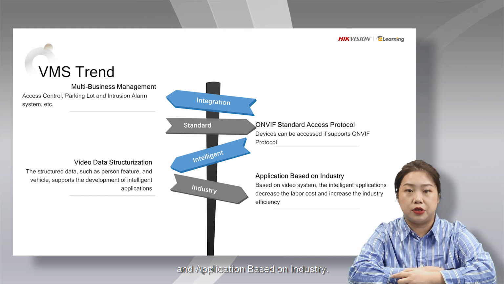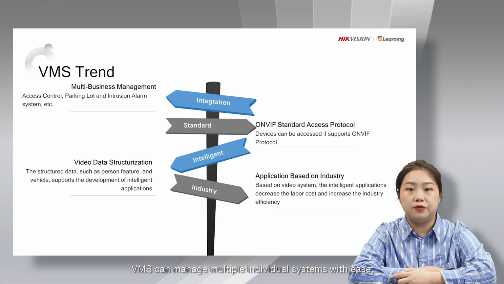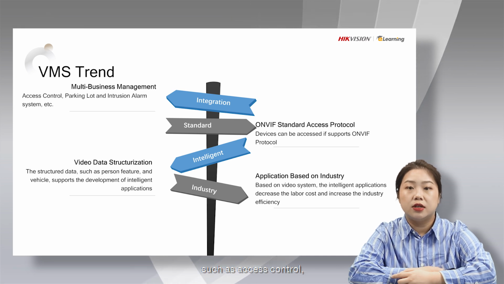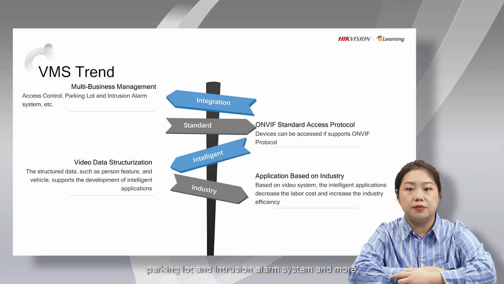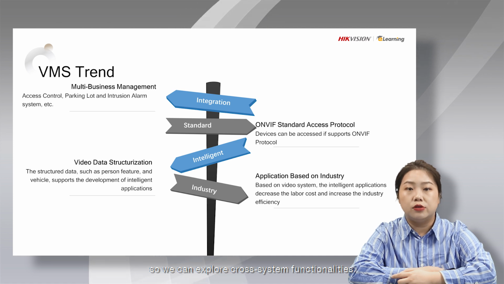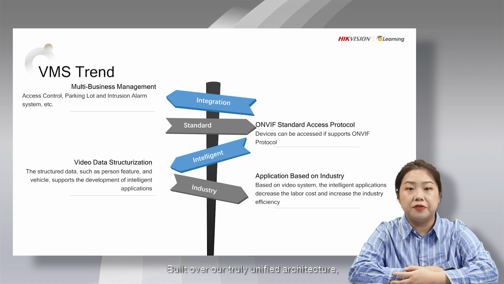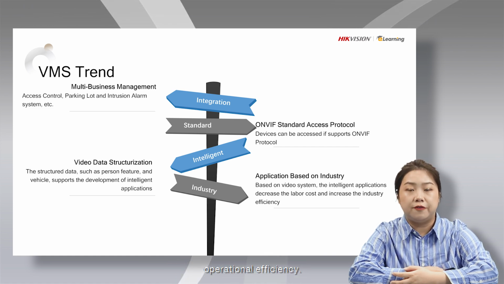For integration, VMS can manage multiple individual systems with ease, such as access control, parking lot, and intrusion alarm system, and more, so we can explore cross-system functionalities. Built over a truly unified architecture, the software provides connected and interactive applications to enhance your operational efficiency.